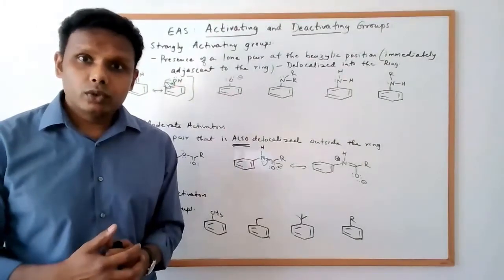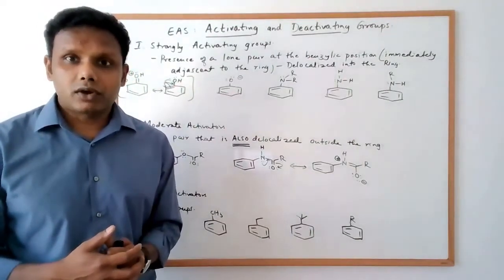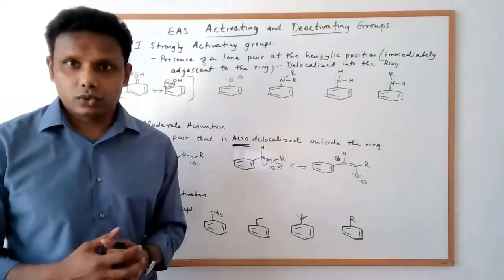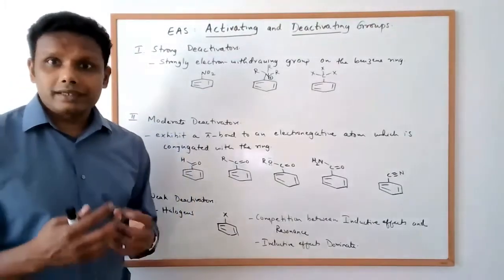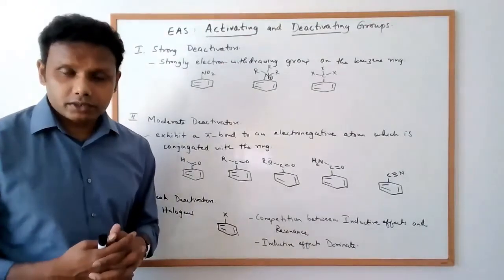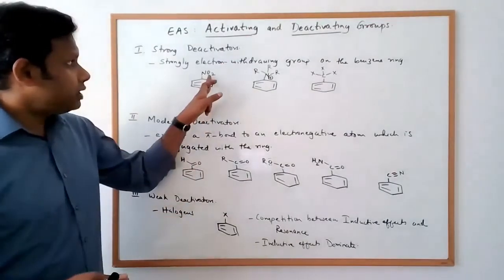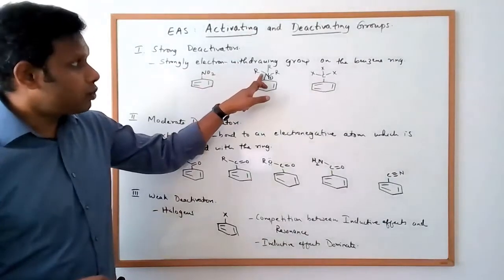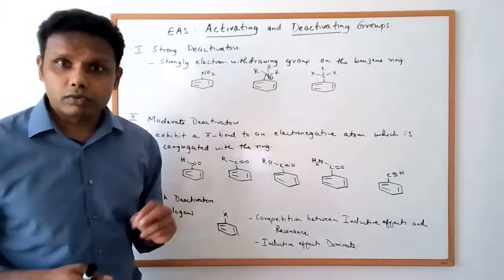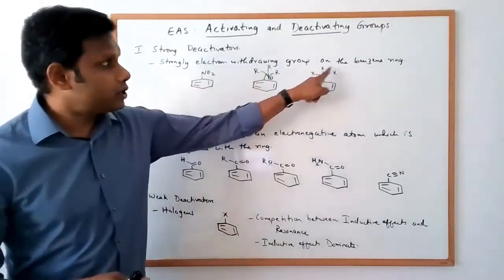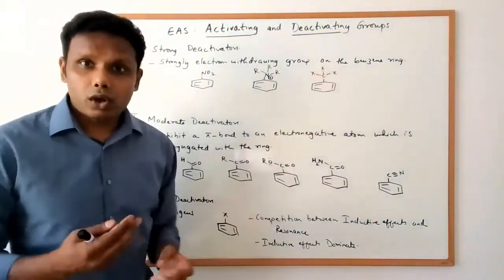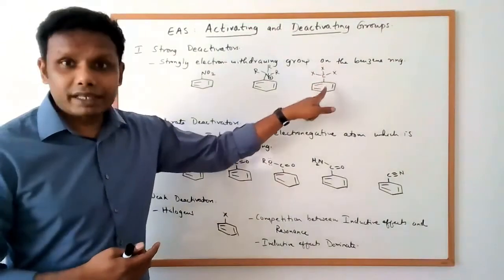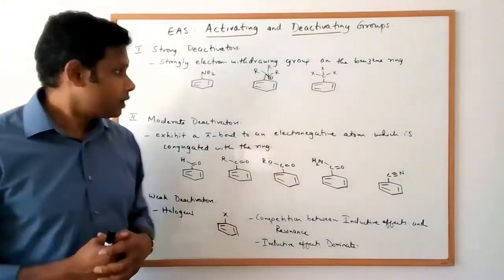Next, we're going to look at the various categories of deactivating groups. Strong deactivators exhibit a strongly electron withdrawing group on the benzene ring. Examples being a nitro group, an ammonium group where the nitrogen has a formal positive charge, or maybe a trihaloalkyl group where there are three halogens on the carbon, which is benzylic to the ring.